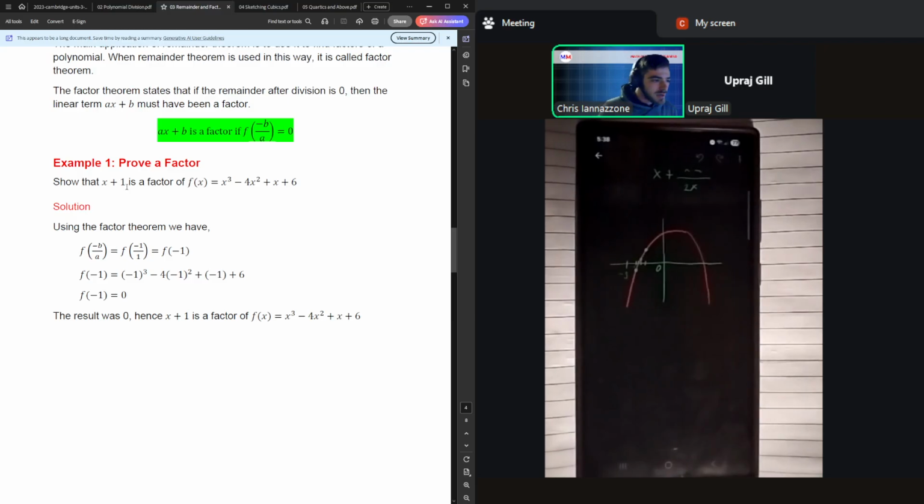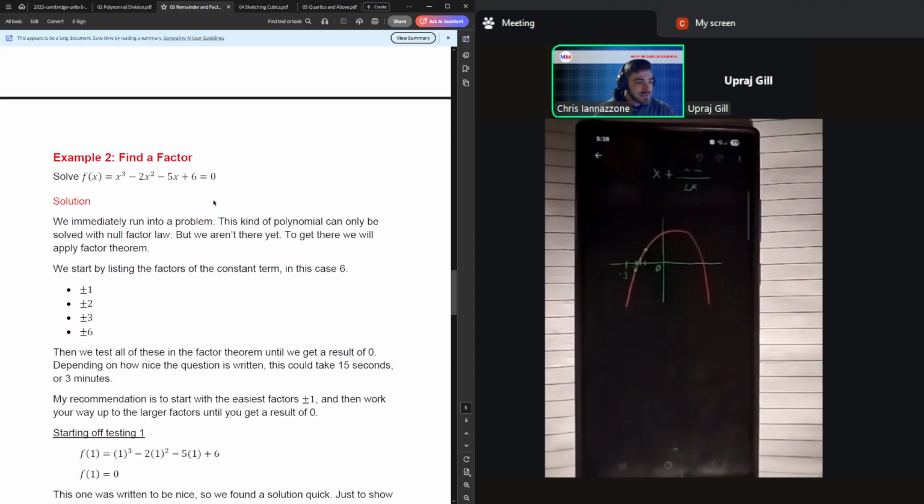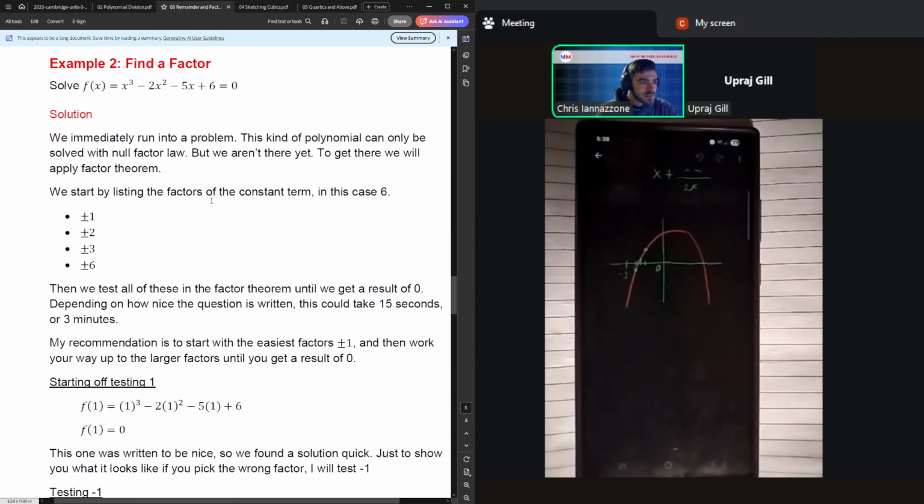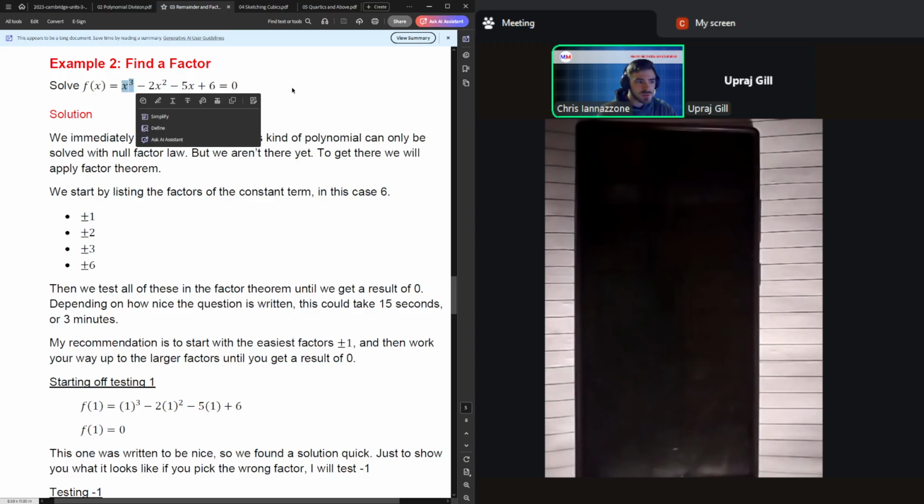Now, that's about proving a factor ahead of time. We already know what that is. If you need to now find a factor, there's two circumstances that come up. The most common one is going to be where you have a monic polynomial, which I'm pretty sure I've used the term correctly. Basically means the coefficient on the x cubed is 1.